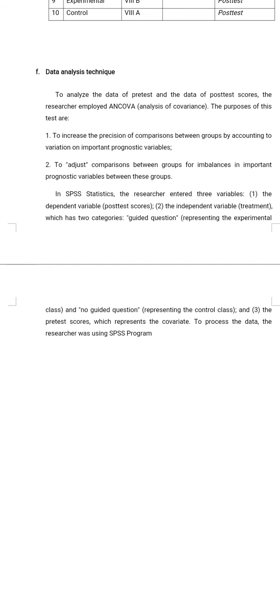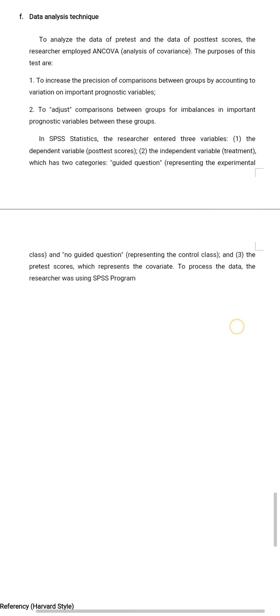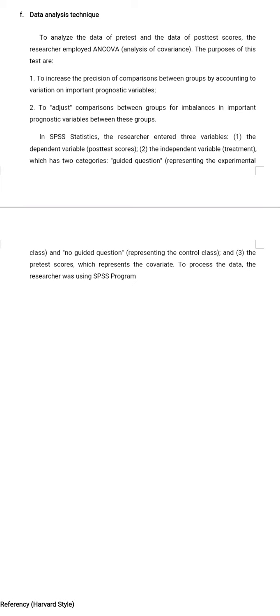To increase the precision of comparison between groups by reducing variation on important prognostic variables. And 2. To adjust comparison between groups for imbalance in important prognostic variables between these groups.